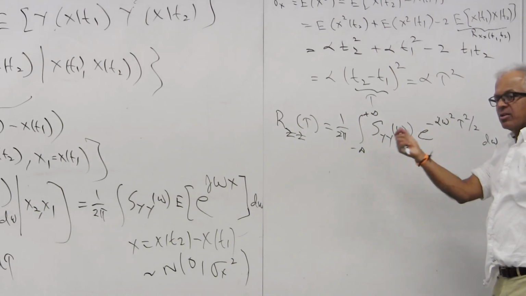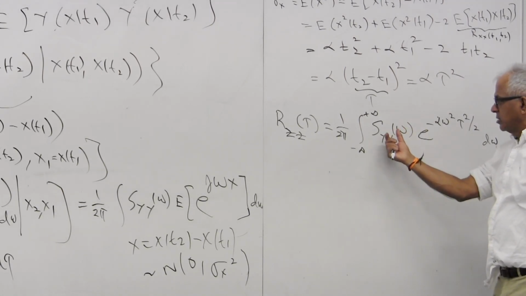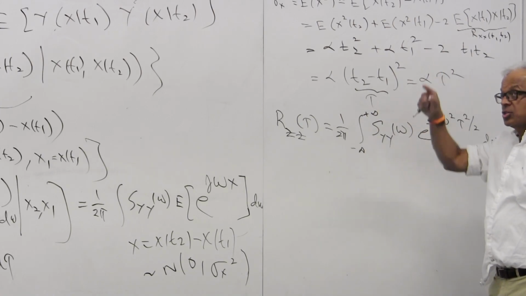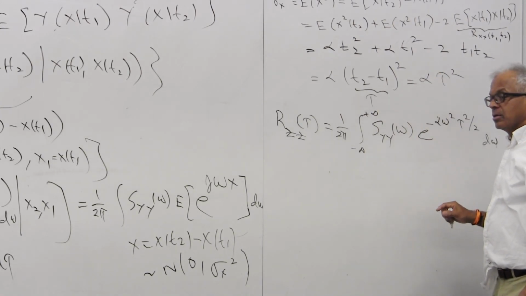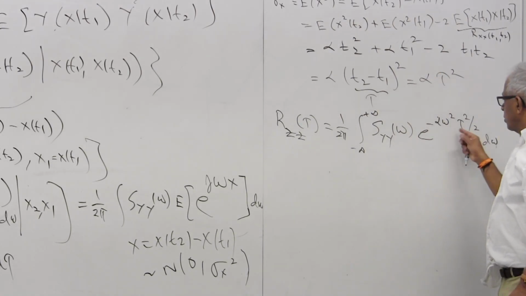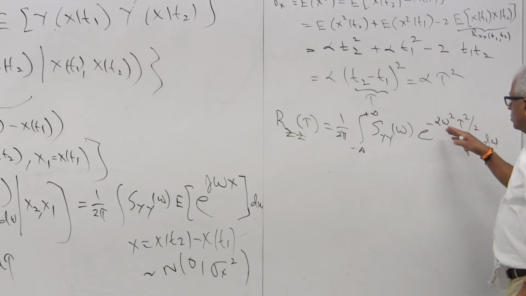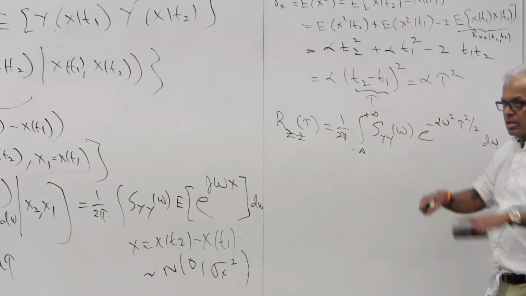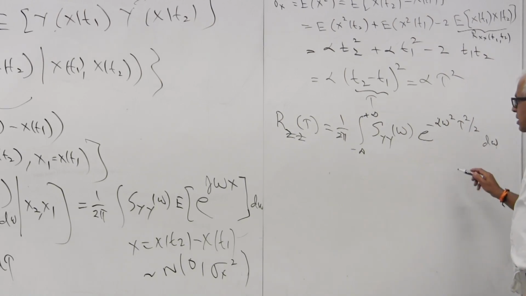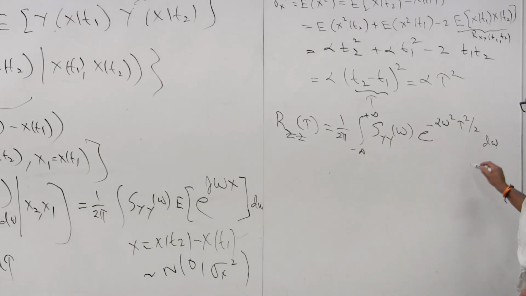So essentially that information is squeezed through and it's shaped by the S_YY around the peak behavior. And for large values of tau, this kills off everything else. So the R(tau), irrespective of this, roughly has this shape.